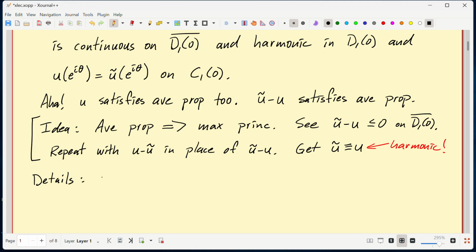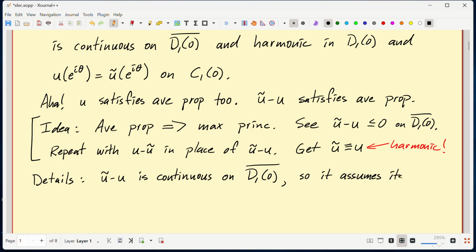Let's see. u twiddle minus u is continuous on a compact set, the closure of the disk D1(0), so it assumes its max.